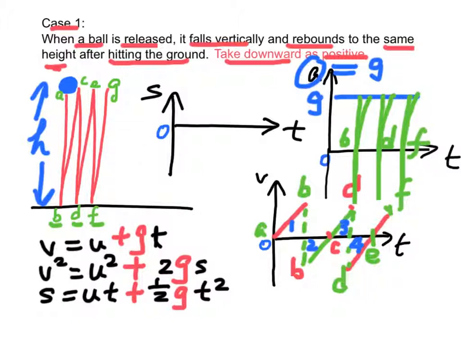Hence, the resultant a-t graph has the shape like this one. Since the slope of the s-t graph represents the velocity v, the s-t graph has the shape like this one.